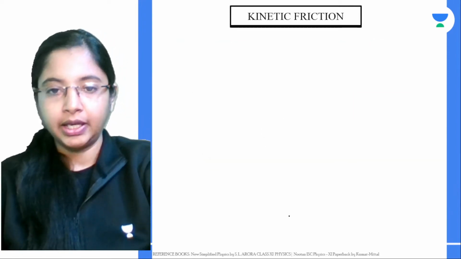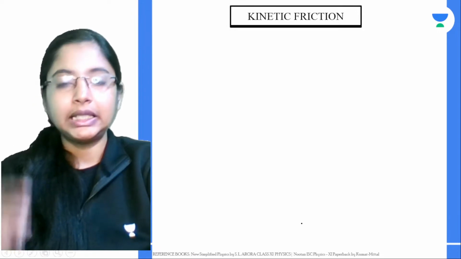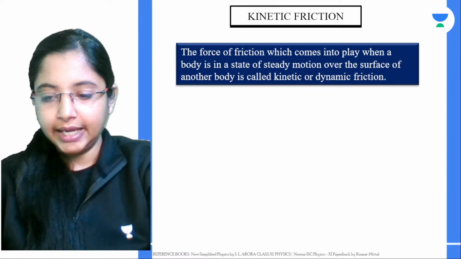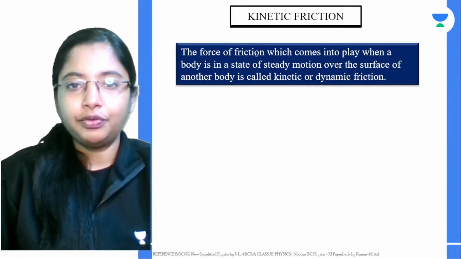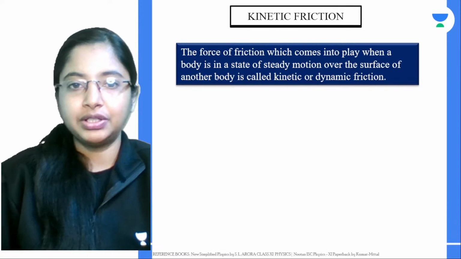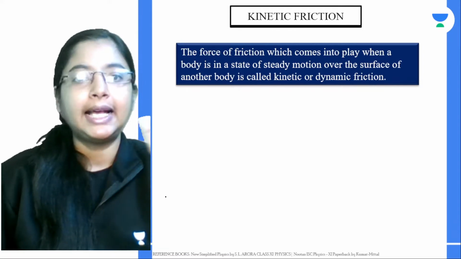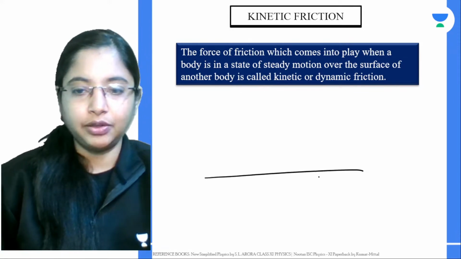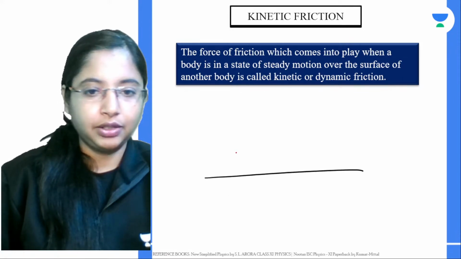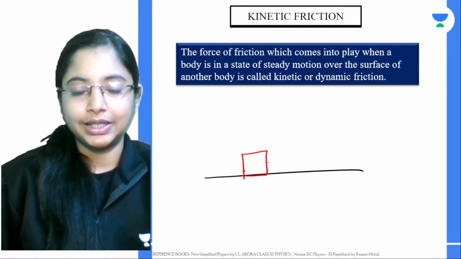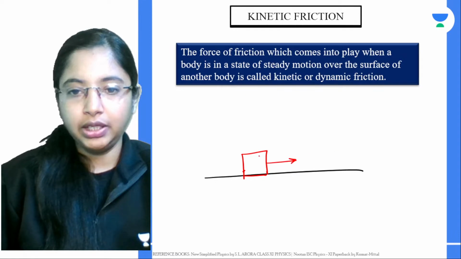Now at one point the object starts moving. Then the force of friction which comes into play when a body is in a state of motion over the surface of another body is called kinetic or dynamic friction. Once again, let's say you have your table and a book over here. You apply a force, and slowly this book starts moving.